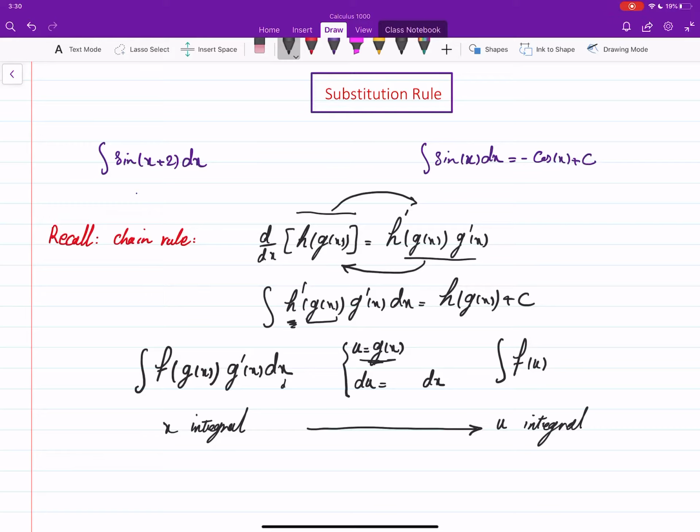If u is equal to g of x, du is going to be equal to g prime of x dx. So you find the derivative of g, multiply it by dx, and put that whole thing in as du in your u integral.